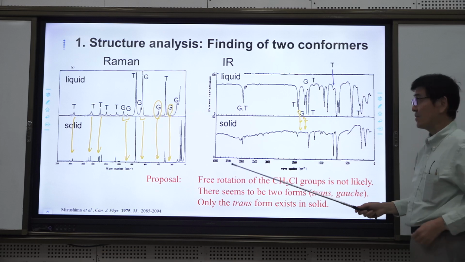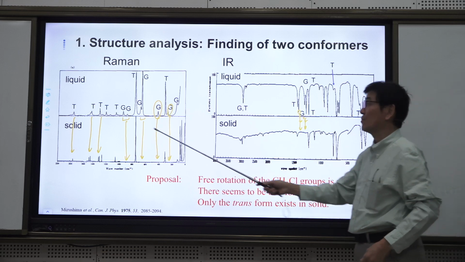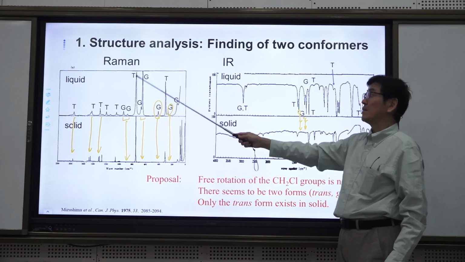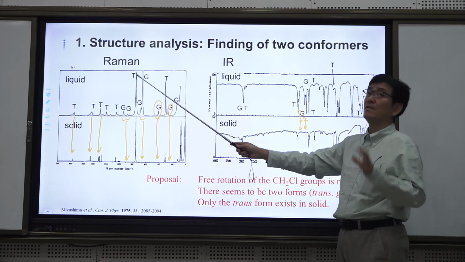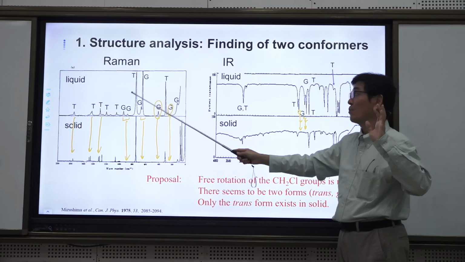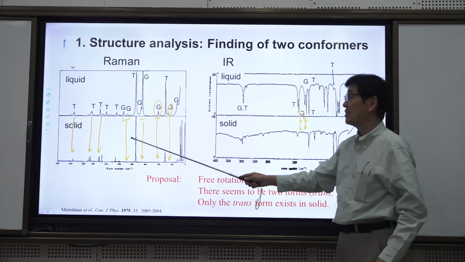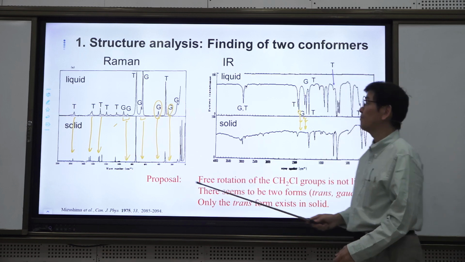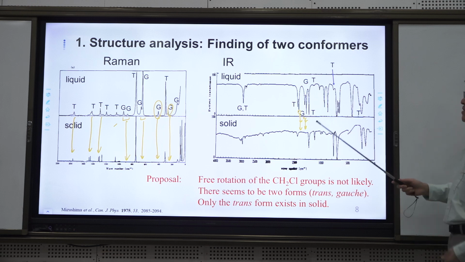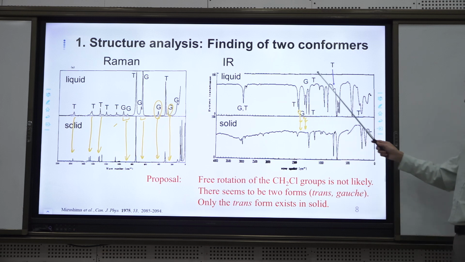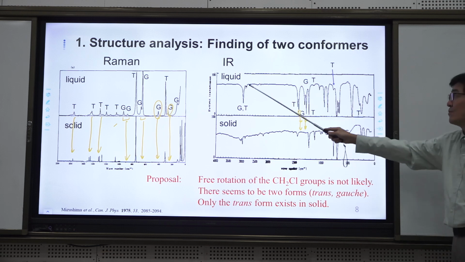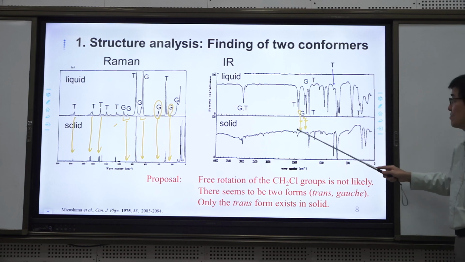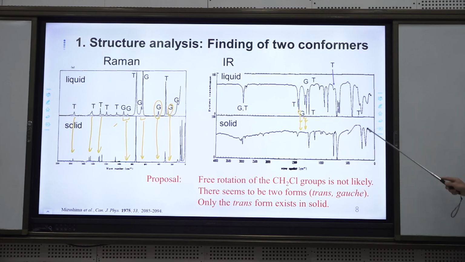So from this result, if we know the assignment, we can say in the liquid phase, trans and gauche forms coexist, and in the solid phase, only trans form exists. A consistent result is seen in the IR spectrum. In the liquid phase, gauche and trans coexist, and only the trans form exists in the solid phase.